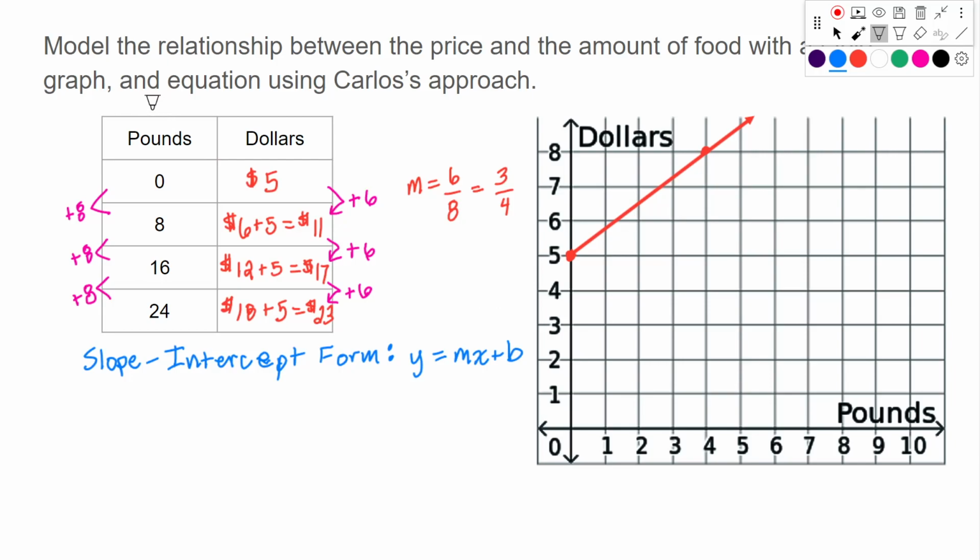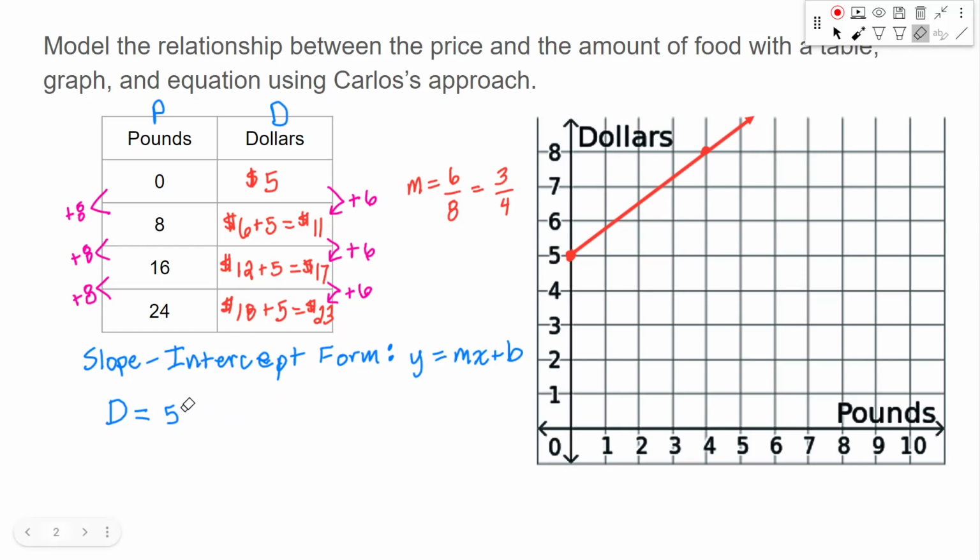But we're going to use p for pounds and d for dollars.